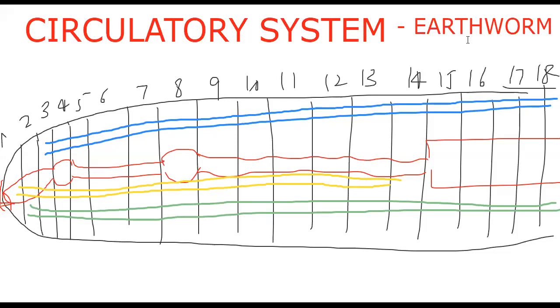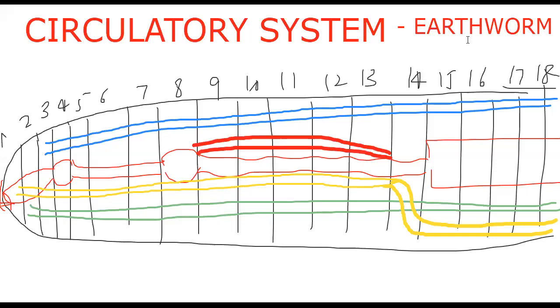After that, the lateral esophageal blood vessels fuse and form the subneural blood vessel. From the 14th segment to the last segment, the same blood vessel is called subneural blood vessel. Next, supraesophageal blood vessel is there in the 9th to 13th segment.